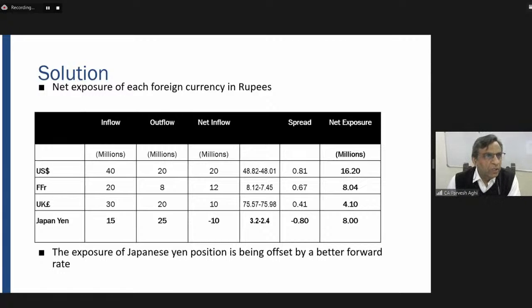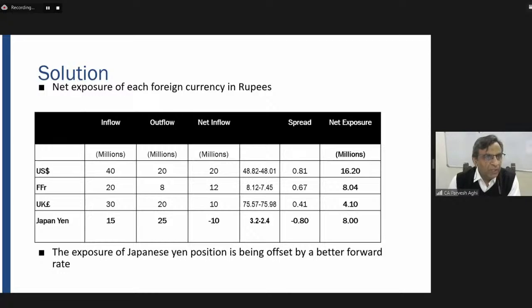His inflow happens to be 40 and the outflow 20, so the net inflow, that is the net exposure, is 20 million. And since the dollar is appreciating from 48 to 48.82, his exposure will further go down to 16.20 million. Let's look at the French francs.